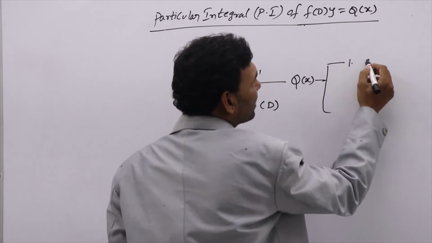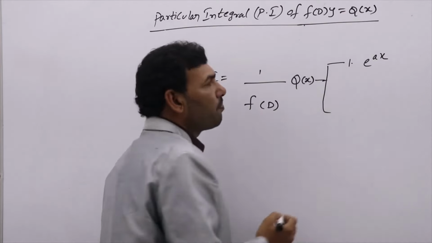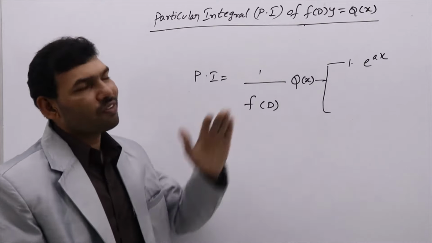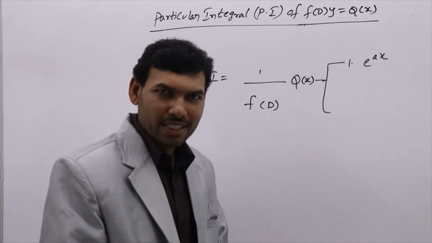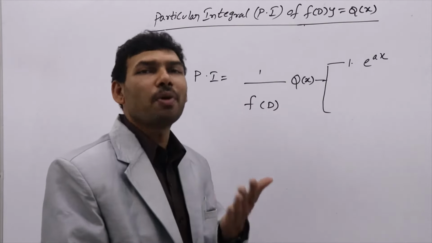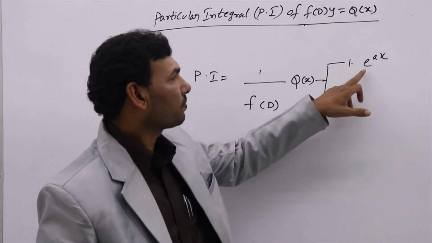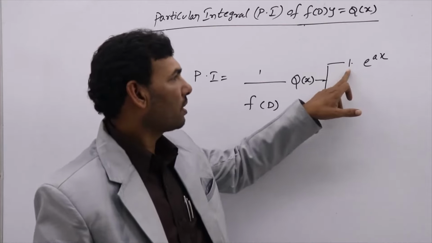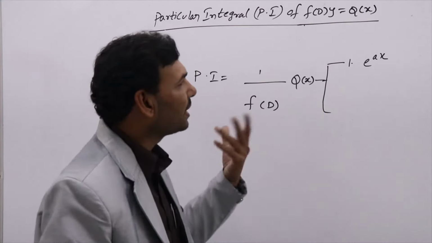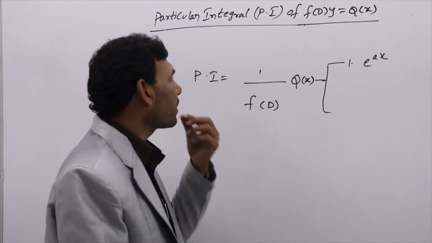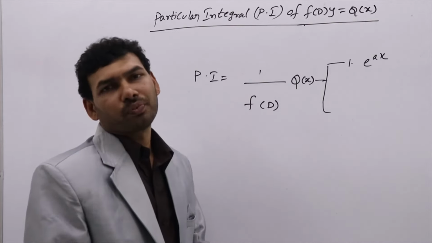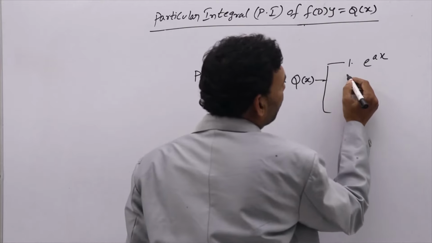The RHS may be in this form: e power ax. That means in the given differential equation, the RHS may contain e power x, e power minus x, e power 2x. Then we use rule 1. We will discuss in detail what the particular integral rule is when Q of x equals e power ax. Next, rule 2.